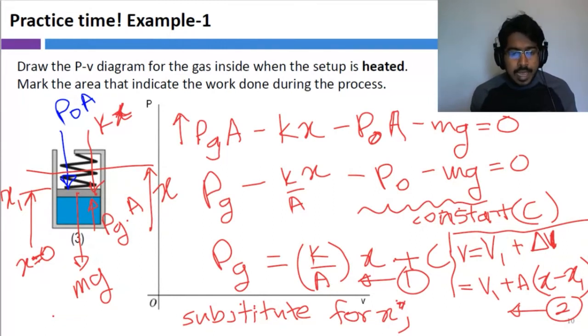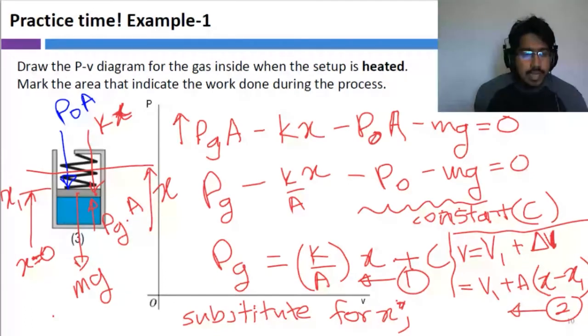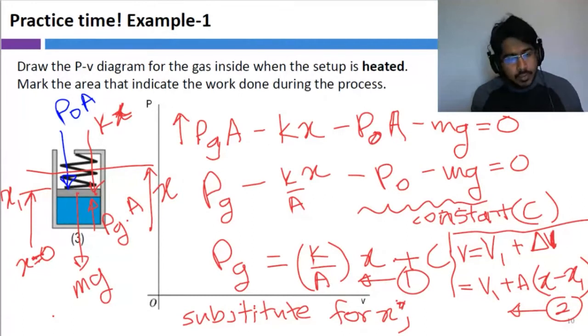Some of you may be wondering, my God, this looks complicated, do we need to do all these calculations during the exam? If you cannot interpret a system by looking at it, then you better write the equations that you know and try to interpret it that way.